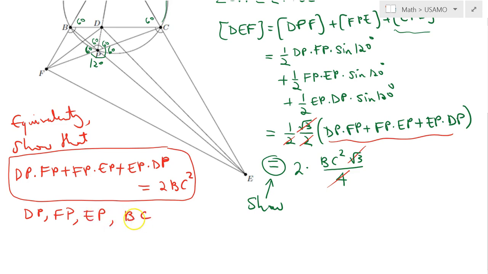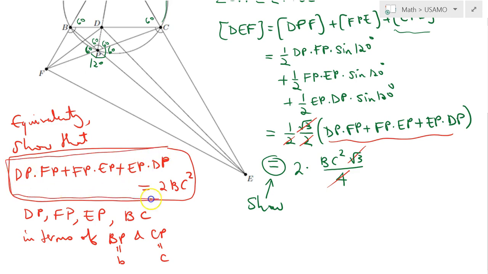I claim I can represent all these 4 lengths in terms of simply BP and CP, and I will call BP lowercase b and CP lowercase c. In order to show this relationship, I will represent the left hand side and the right hand side in terms of lowercase b and c, and see if this relationship really holds.